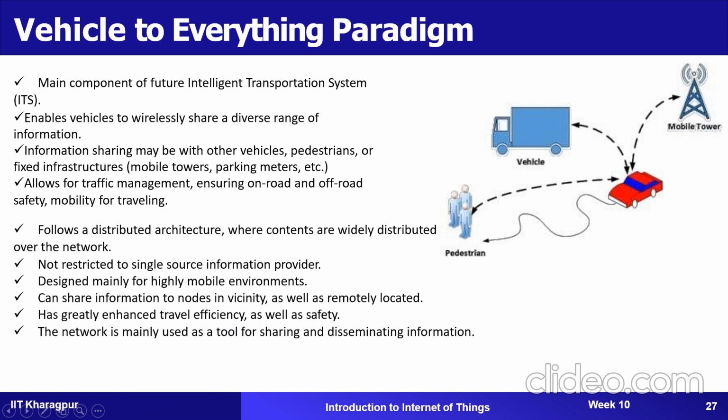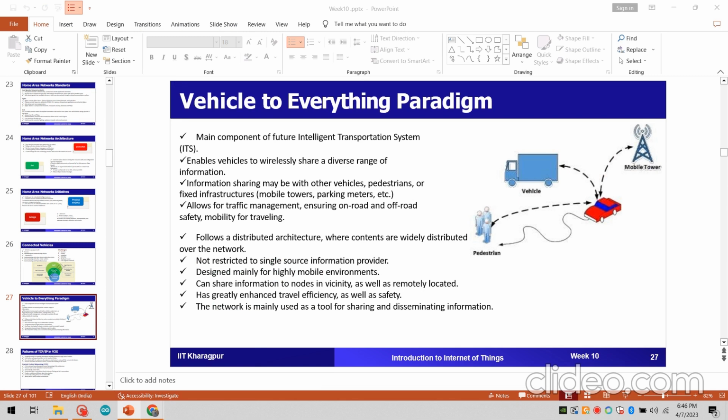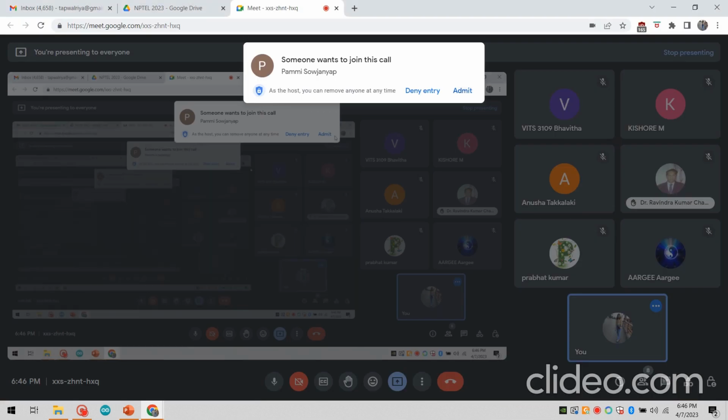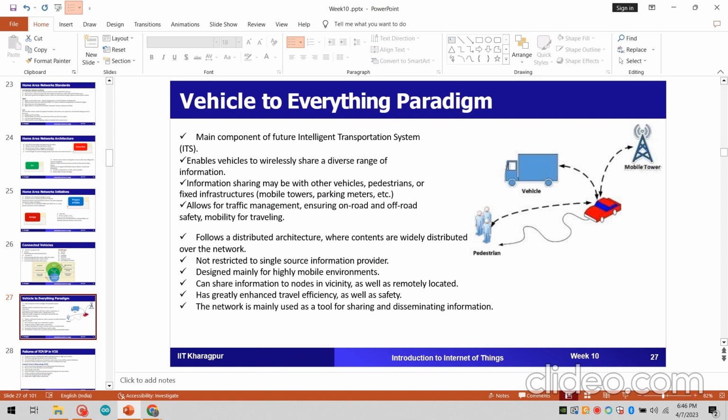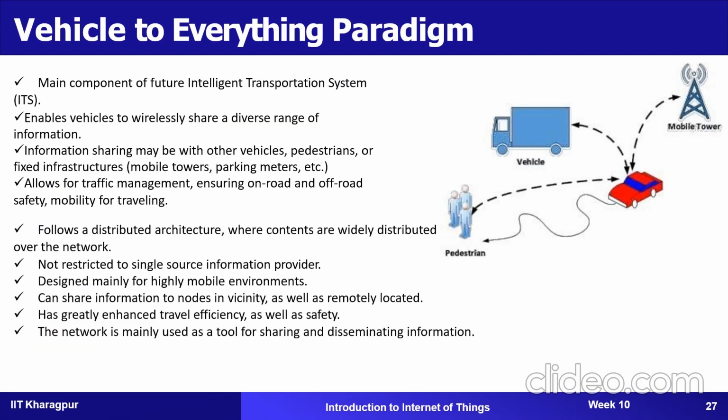Information sharing may be with other vehicles, pedestrians, or fixed infrastructure. It allows traffic management, ensuring on-road and off-road safety, and mobility for traveling.